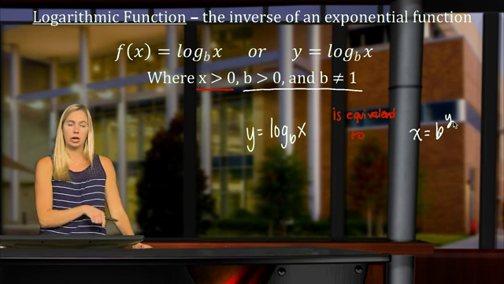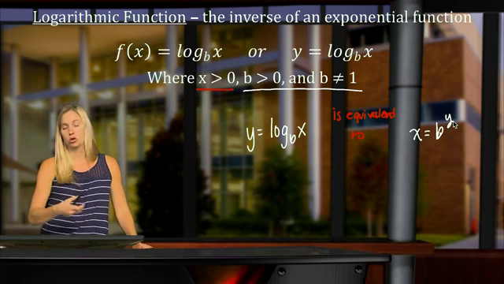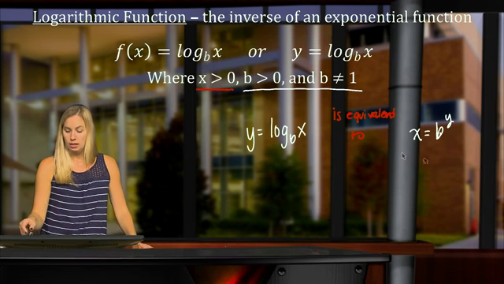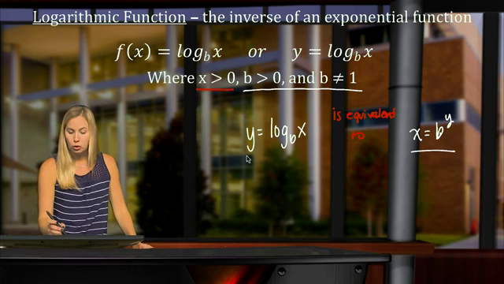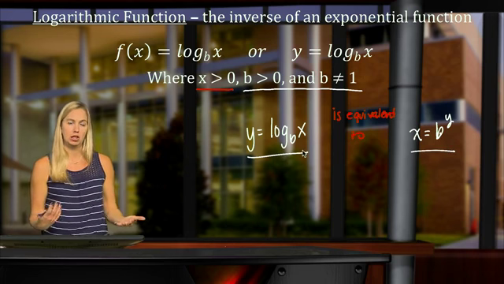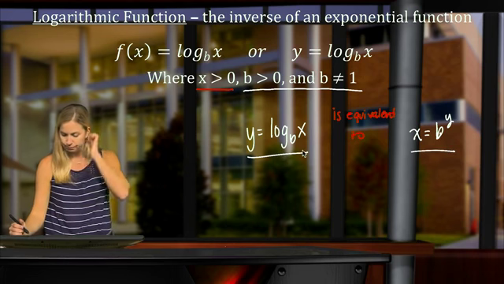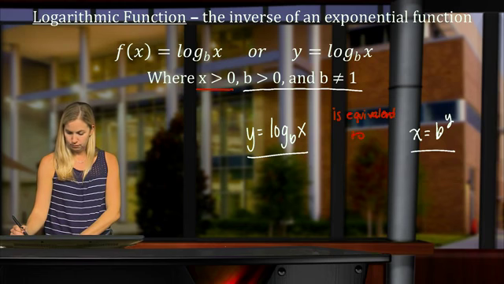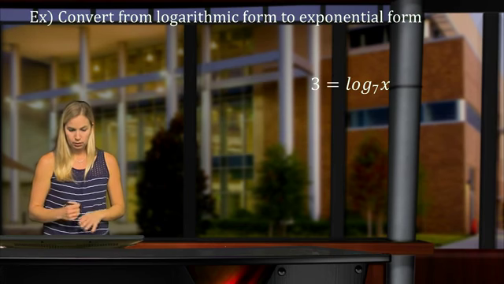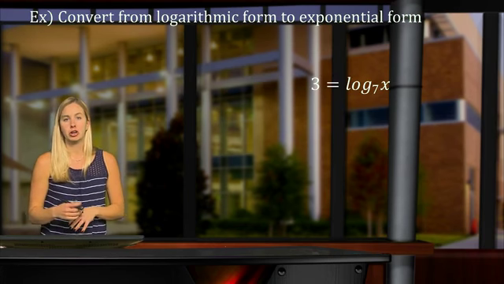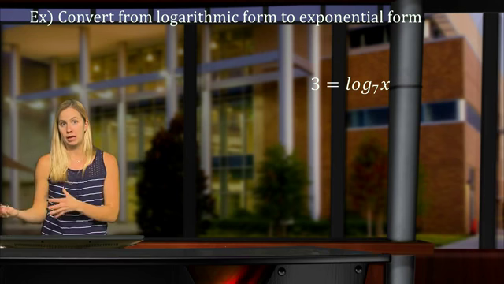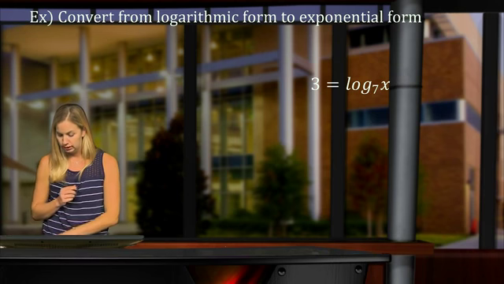That previous equation that we had where we were trying to solve for that exponent, these two are equivalent, which means they say the same thing, they're just represented differently. So we're going to look at converting back and forth between logarithmic expressions and exponential expressions.